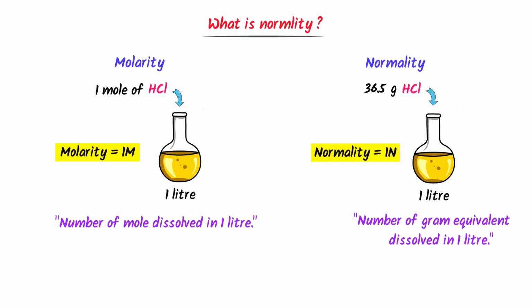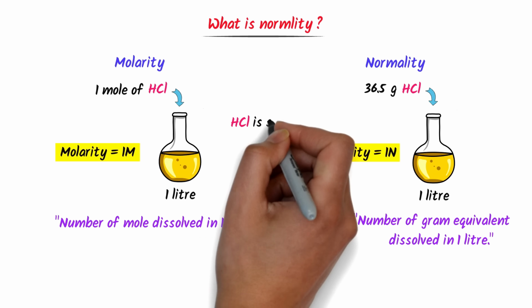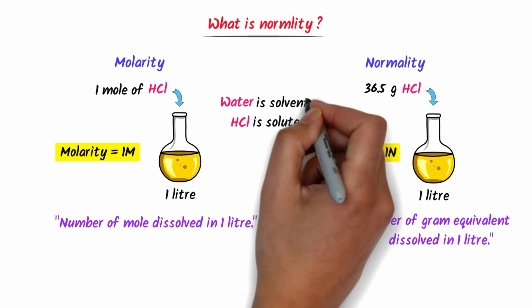Here, let me ask you one of the most difficult questions which a lot of students are not understanding. If I ask you, what does 1 normality of HCl means? Can you answer the question? Well, we know that HCl is solute and water is solvent.